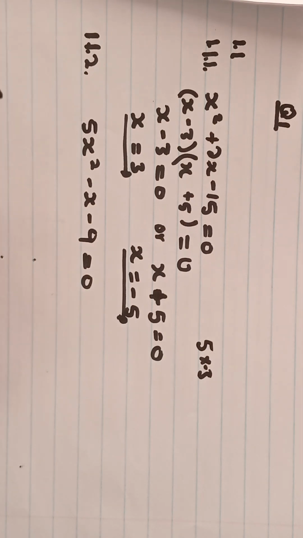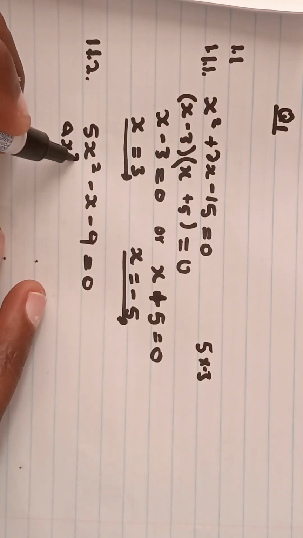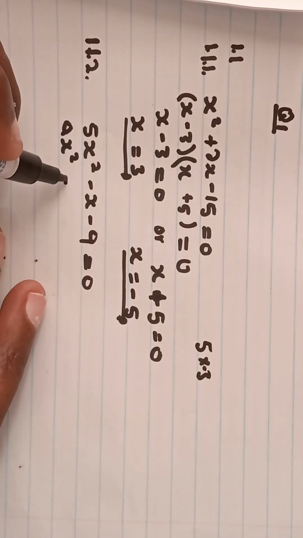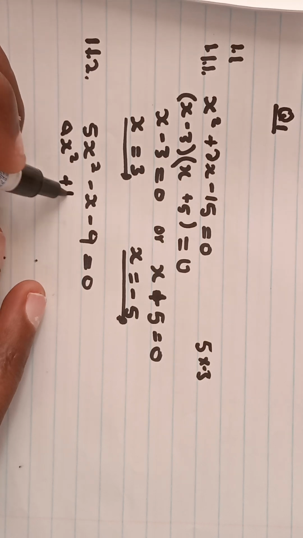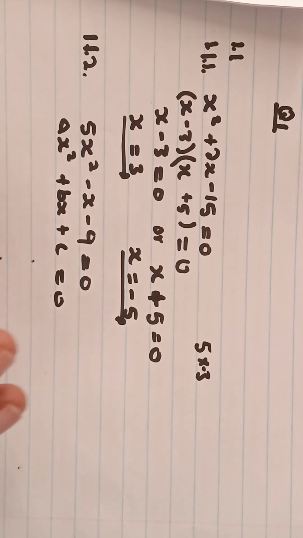So for this one, let's firstly write the general formula. It says ax squared plus bx plus c is equal to 0. I hope you all see that.